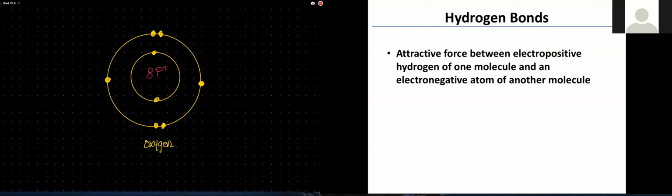So I need how many more electrons to become chemically stable? Can you remind me? I have 6. In order to become saturated, I need 8 in my outermost valence shell. So I need 2 more electrons. So we'll find 2 hydrogens. A hydrogen has a single proton and a single electron like this.